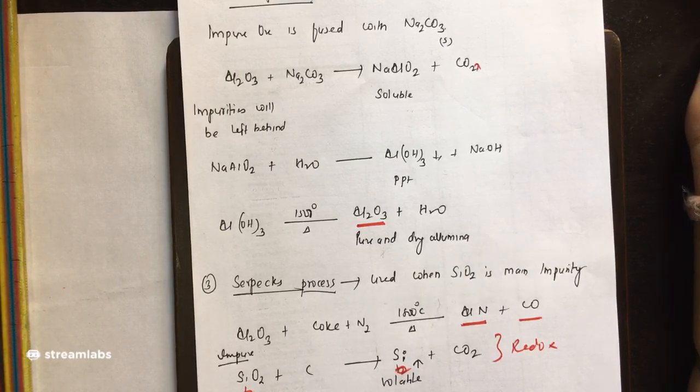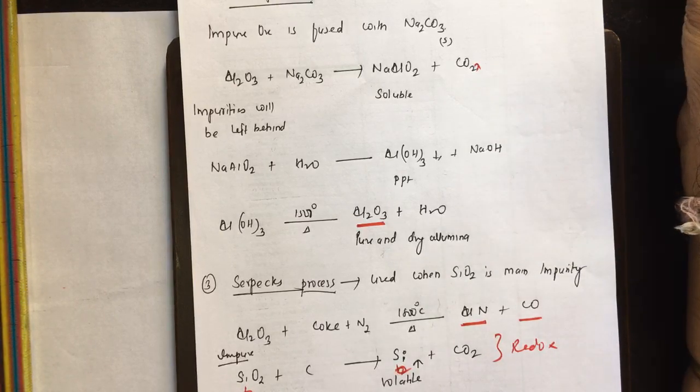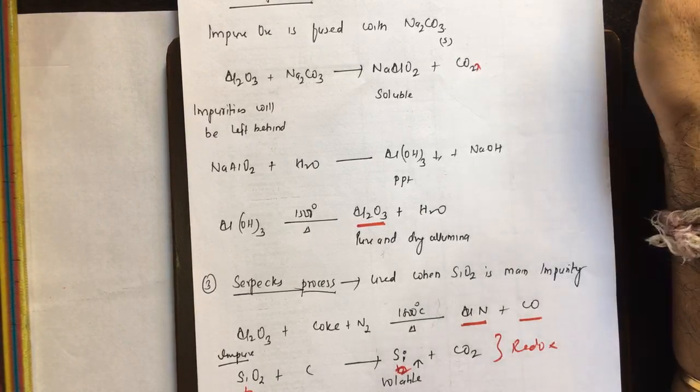Definitely 1 to 2 questions come from solid state, and 1 to 2 questions come from the periodic table, whatever we have discussed. Surface chemistry is also important with respect to whatever we discussed: gold number, the Hardy-Schulze law, and the Freundlich adsorption isotherm. So please don't leave that particular chapter. 100% question is going to come from that particular aspect which I have discussed.